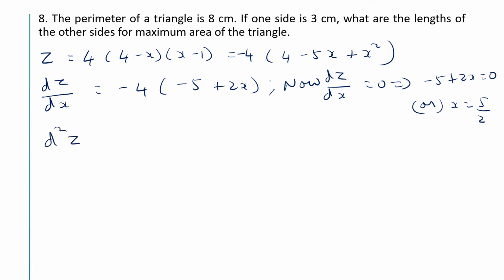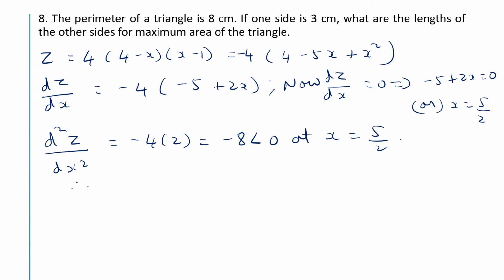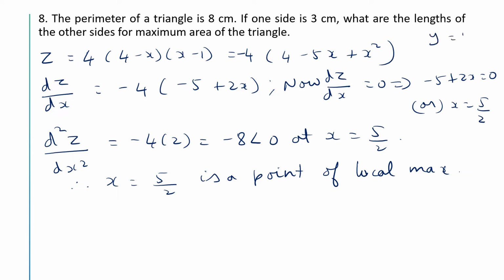Then d square z by dx square is equal to minus 4 into 2, it is equal to minus 8, which is less than 0 at x is equal to 5 by 2. Therefore, we can see that x is equal to 5 by 2 is a point of local maxima. Now initially we have taken y is equal to 5 minus x. One side is x and the other one is 5 minus x.